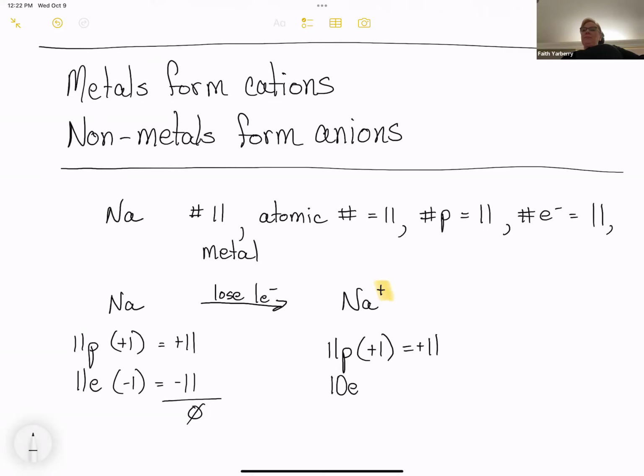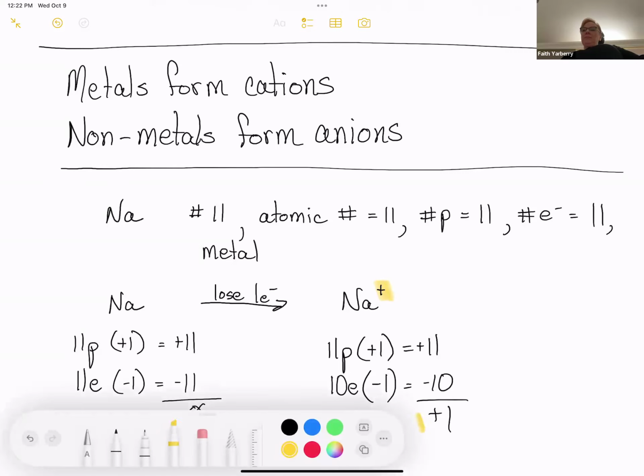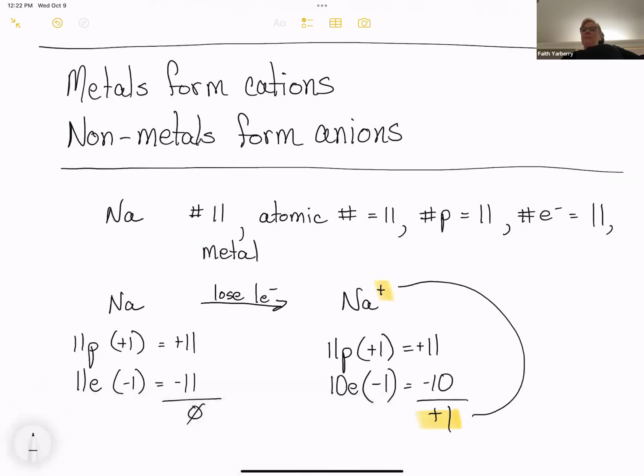It has 10 electrons, which is a -1, so that's a -10. When you add that together, that's a plus 1. It is from this information that the positive on the sodium is generated.